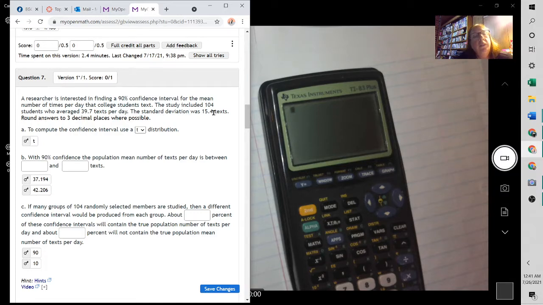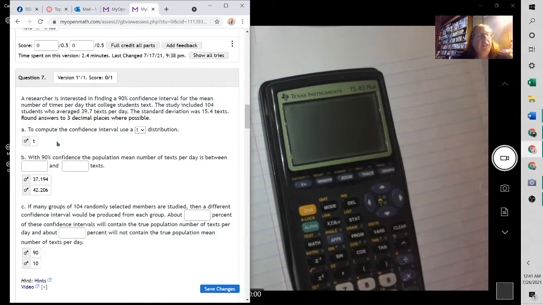The students include 104 students who averaged 39.7 texts with a standard deviation of 15.4. Yes, the sample size is large, but the standard deviation is from the sample and not the population, and therefore it's a T distribution. In order to be Z, the standard deviation has to be from the population. And that's why it's T.